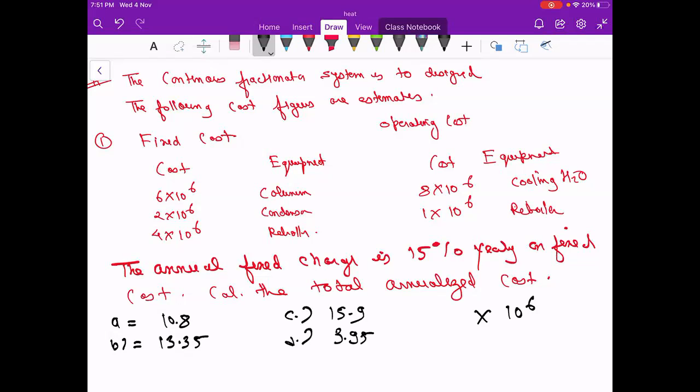Okay, last 1 minute, solve fast. So almost everyone is getting the correct answer.